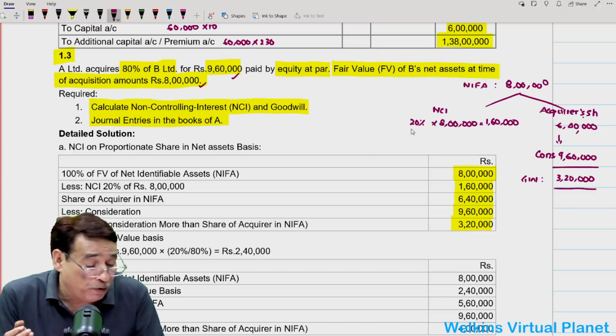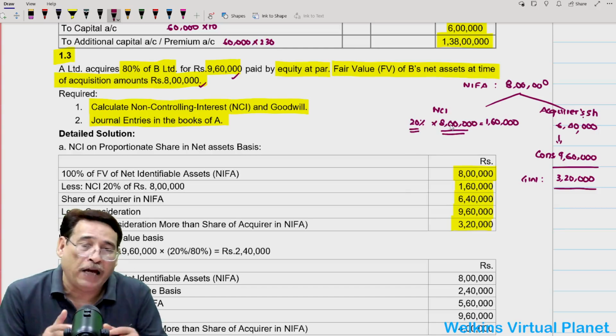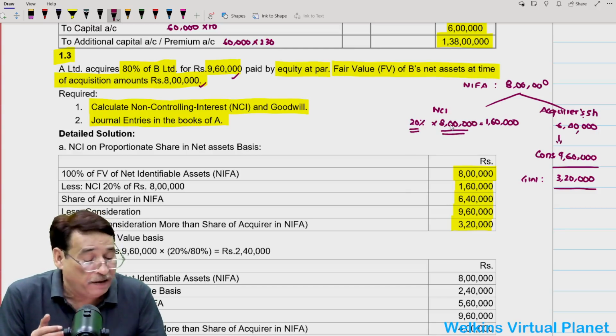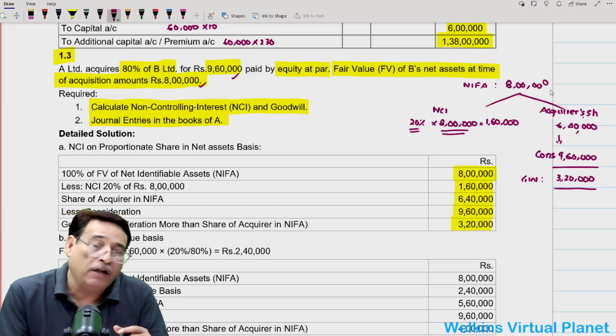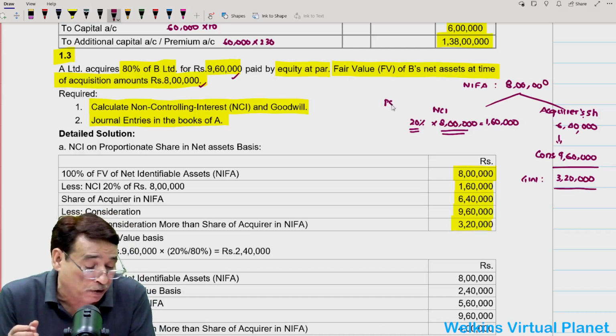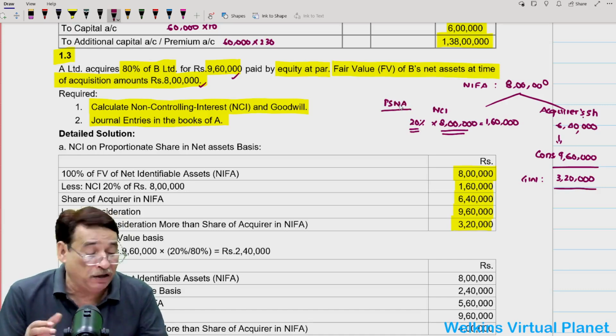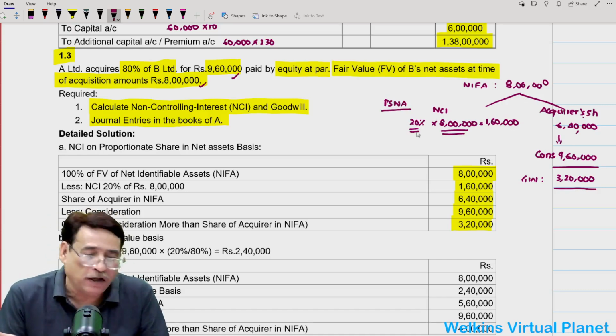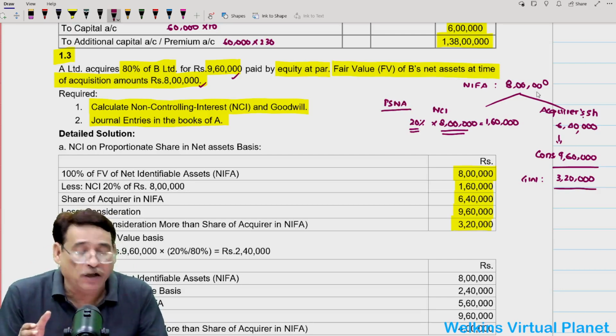When we compute NCI share by applying the percentage of NCI to the net identifiable assets, it is known as the proportionate share of net assets method. We are simply finding out the proportionate share of NCI in the net assets, which is obviously the stake of NCI into what we call NIFA.